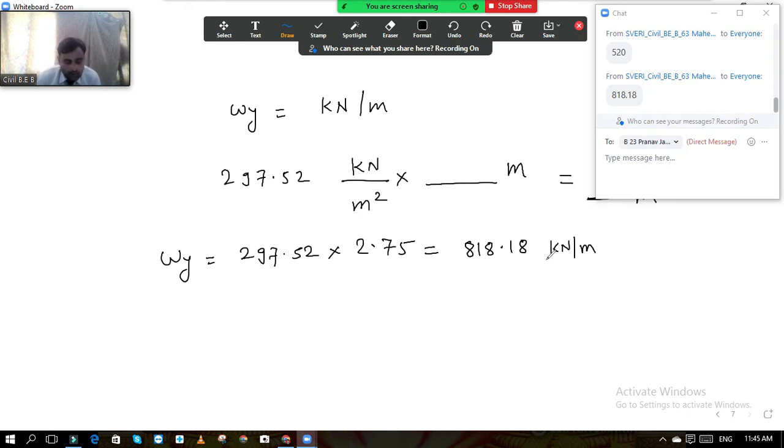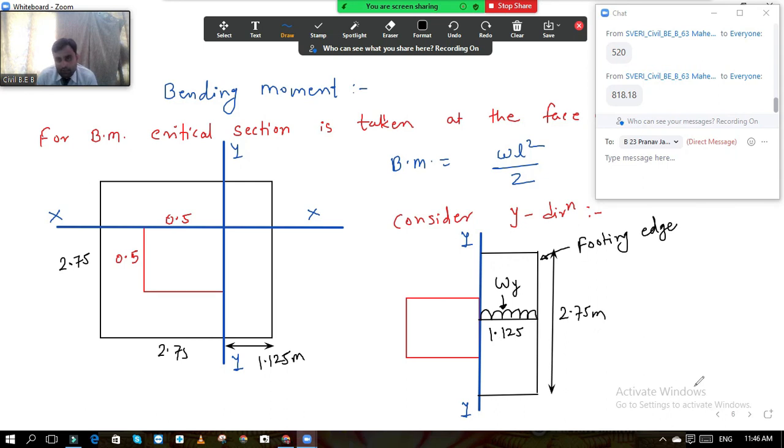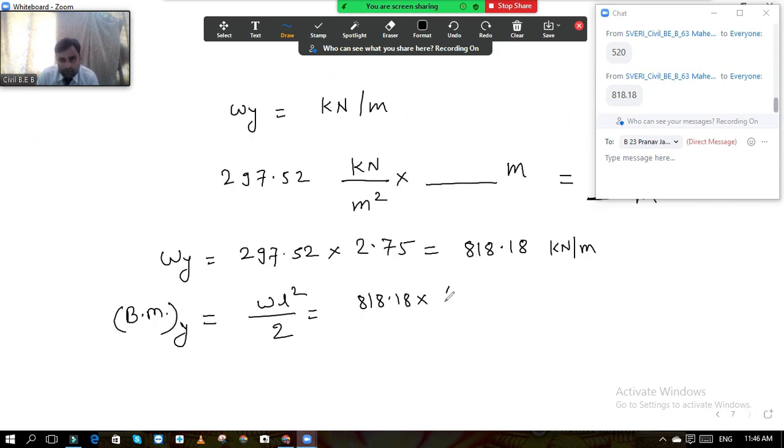Now calculate the bending moment. Once you get the load, calculate the bending moment for section Y. It is WL square by 2, which is equal to 818.18 into L square, where L is our length, 1.125, so 1.125 square divided by 2.